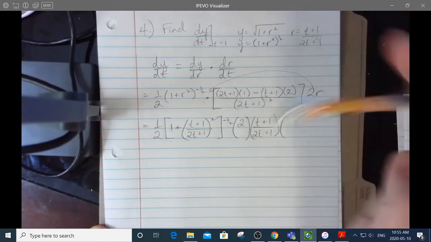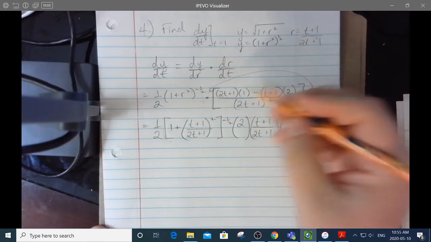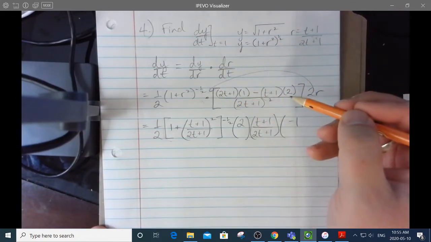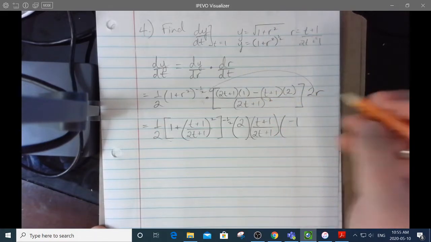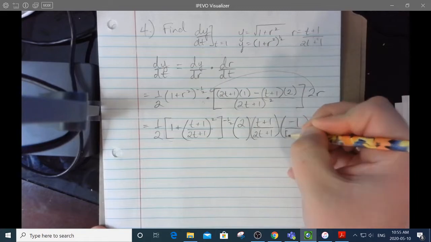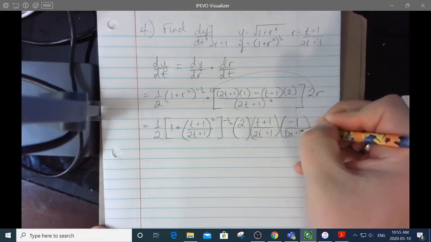Isn't that nice? And 1 minus 2 is negative 1. And the bottom is still just 2t plus 1 squared.